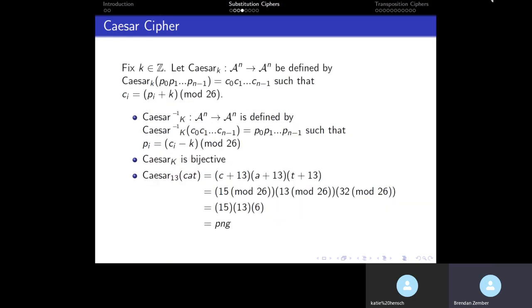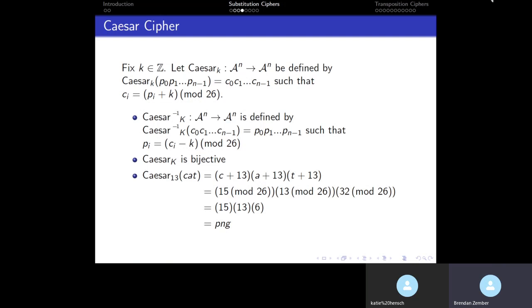So looking at a mathematical definition of this cipher, we have the same thing as before, a key k, which is some value in the set of integers. So now, having this fixed key, we can define the Caesar cipher function C sub k as a function which maps A^n to A^n.